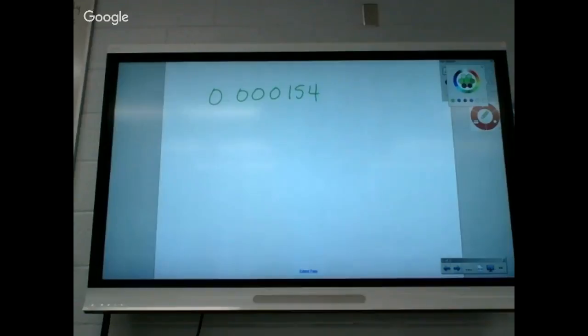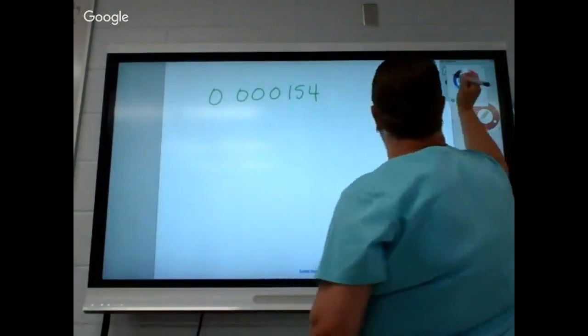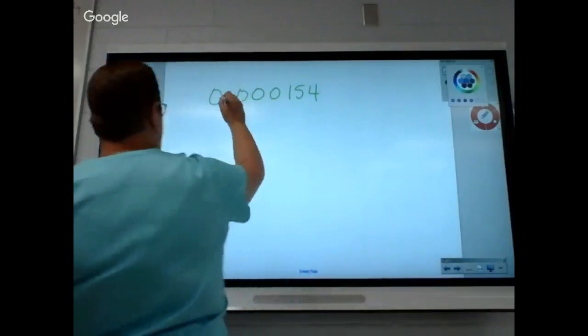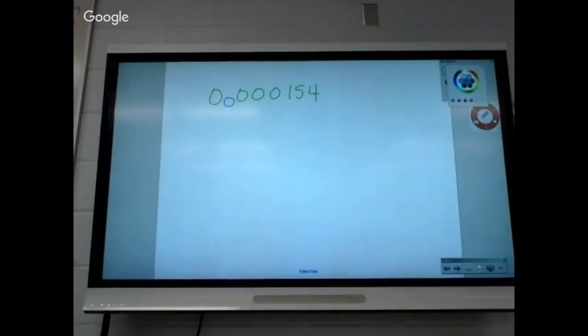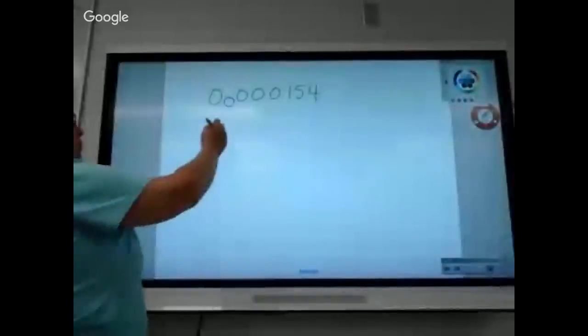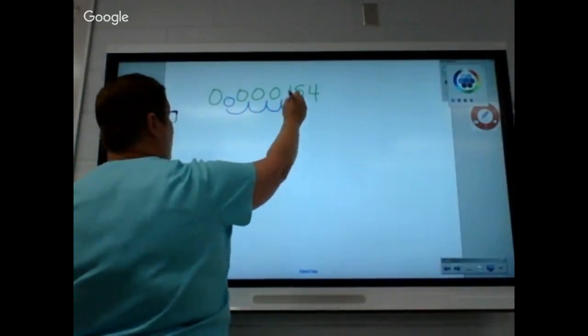So again, look at where the decimal is. This one's not an understood decimal. This one's actually written. So the decimal is here. Where does the decimal need to be? After the 1, because the 1 would be the number that's going to be between 1 and 9. So 1, 2, 3, 4 places.